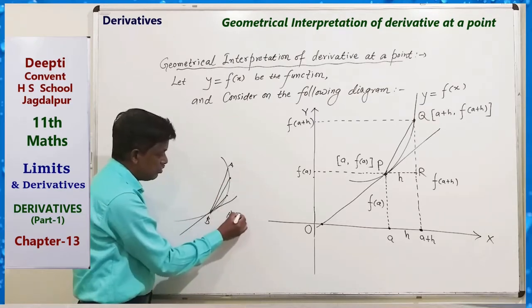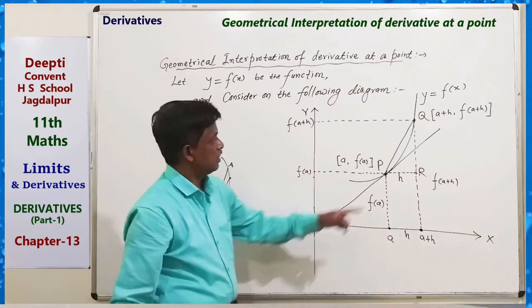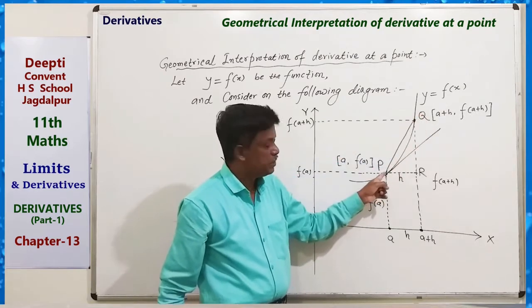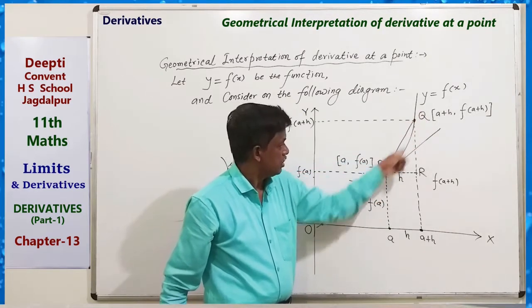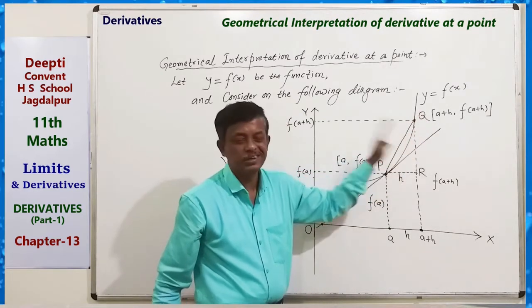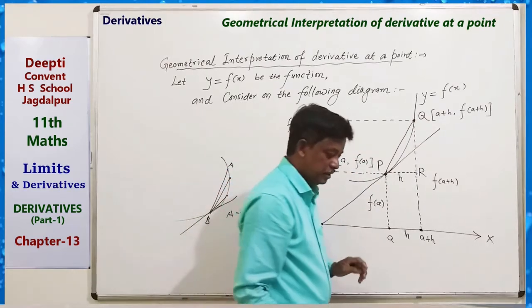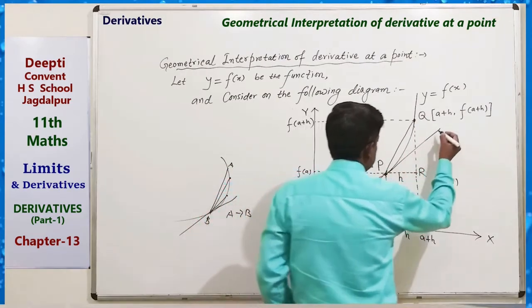Just like this here, when Q tends to P, this chord will tend to the tangent. So this line is the tangent.